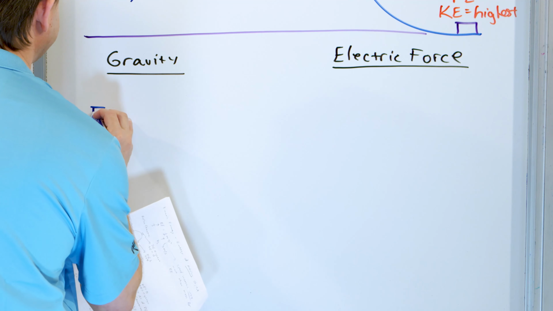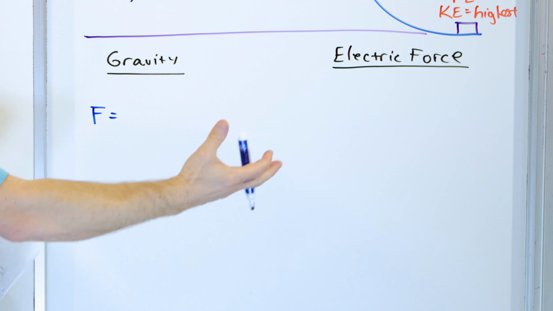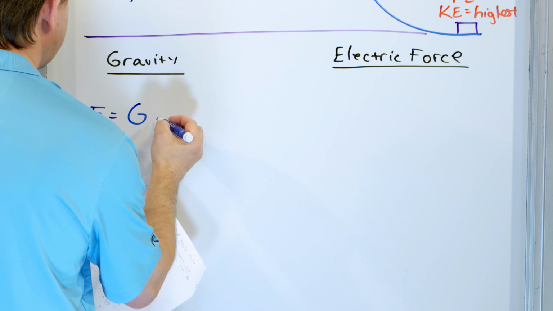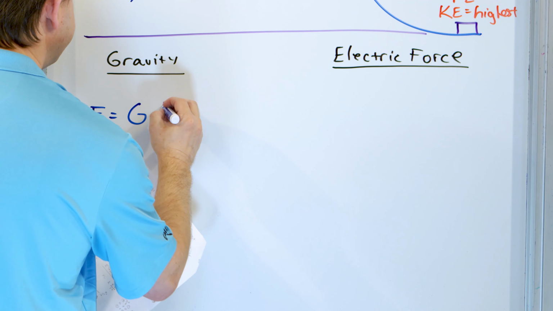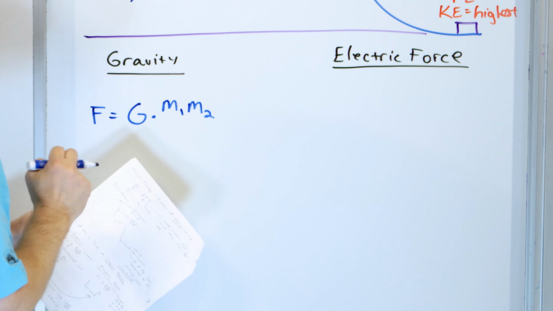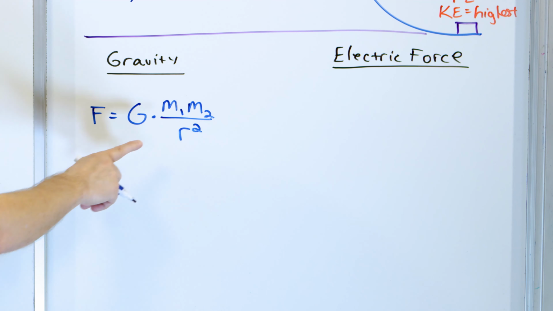The force of gravity between any two objects, like two apples or two planets or anything, is just what we call the gravitational constant G multiplied by mass of object 1 times mass of object 2, and then it's divided by r squared, the distance between the objects.